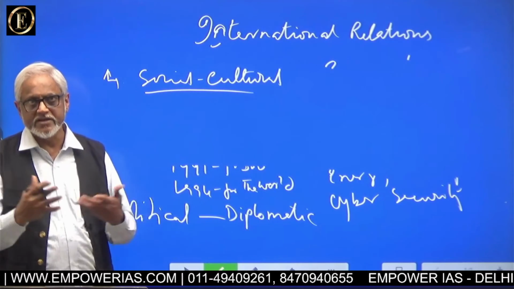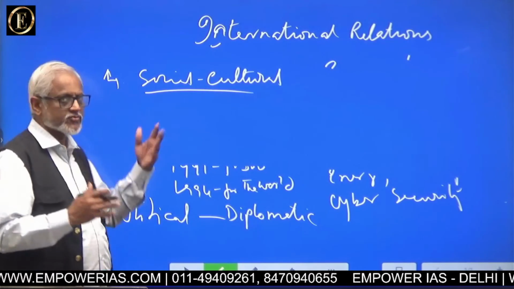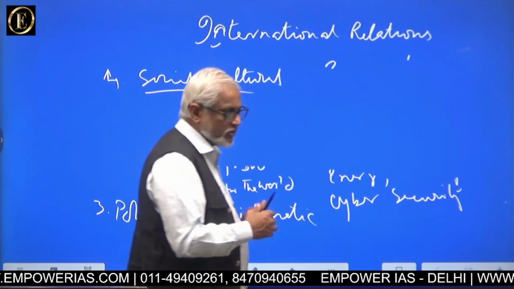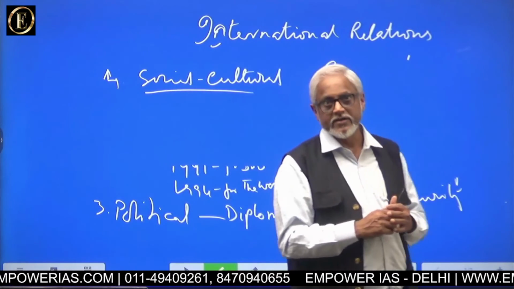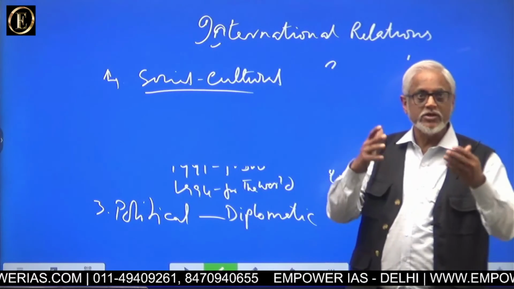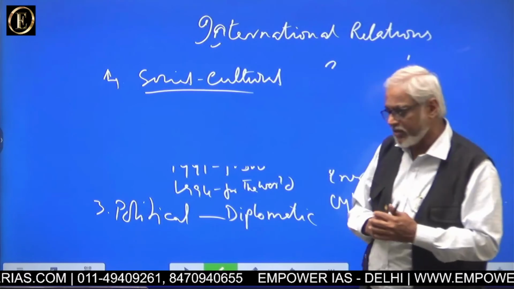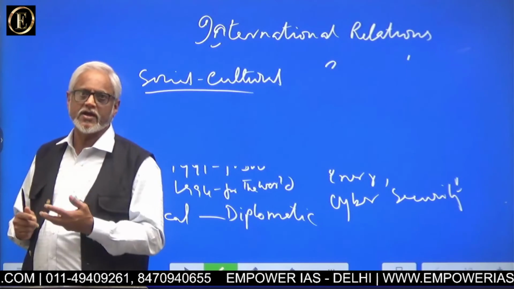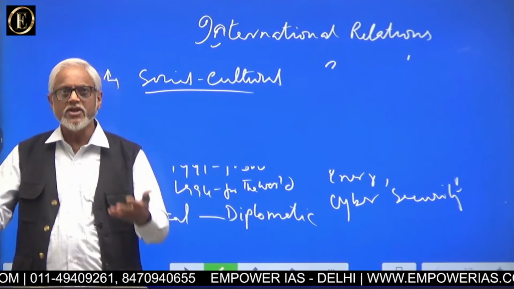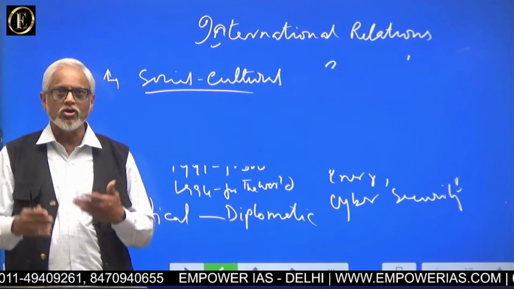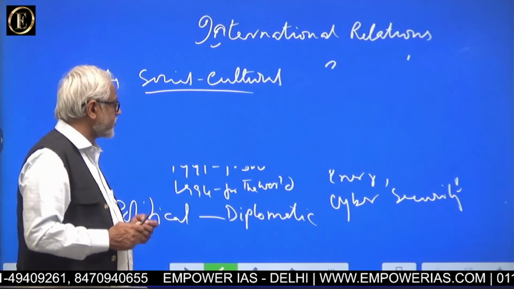There can be cricket diplomacy. All of them come under socio-cultural. Also, thousands of students have gone to Ukraine for medical study. It is also called social and cultural relationship, because Ukraine has to give admission to Indian students, then only they can go. Similarly, many African students come to India, or students from neighboring countries also come to India for studies. These are all called socio-cultural relationship.